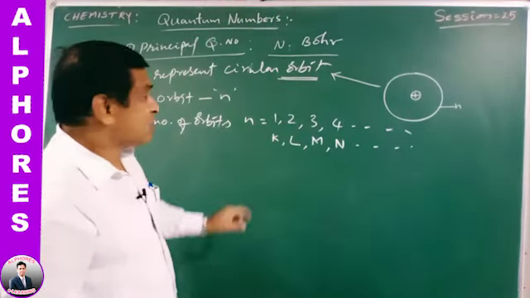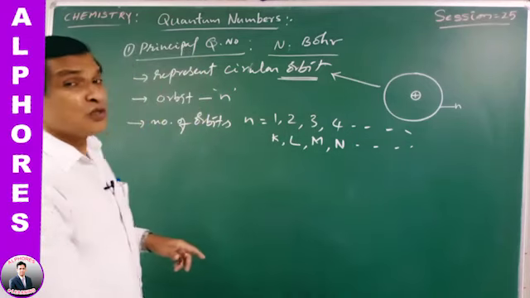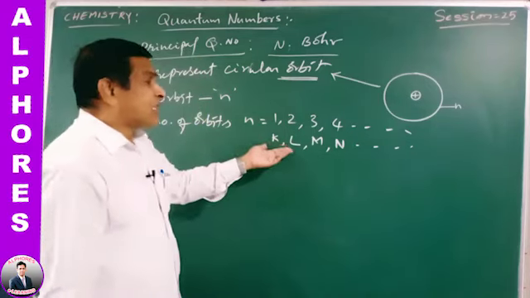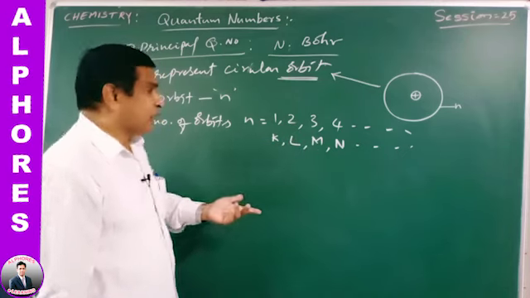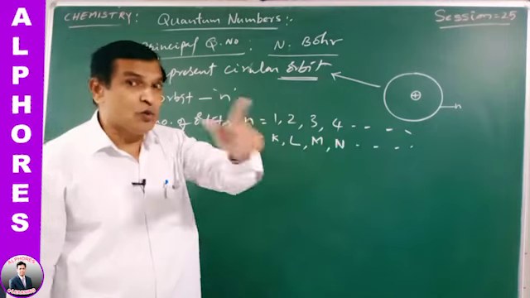These should be capital letters, not small letters. There is no specific reason in selecting these letters. Remember that point, there is no specific reason in selecting these K, L, M, N, O, P, Q shells.